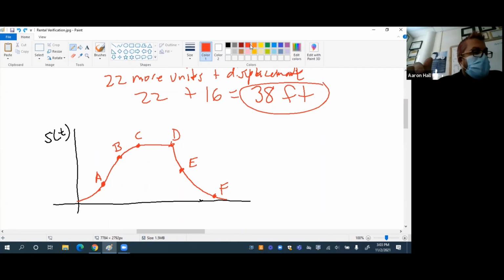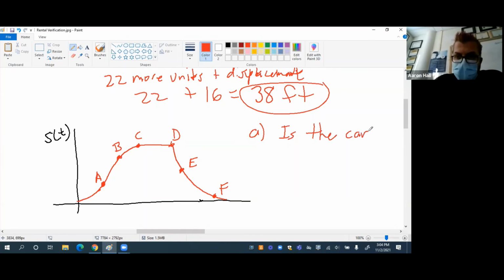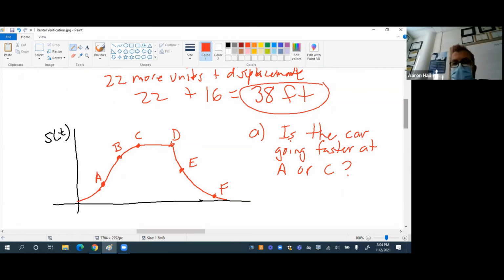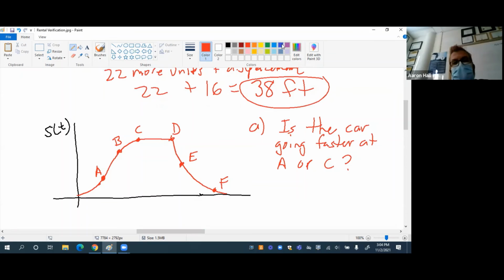All right, here's my question. This graph represents a car.